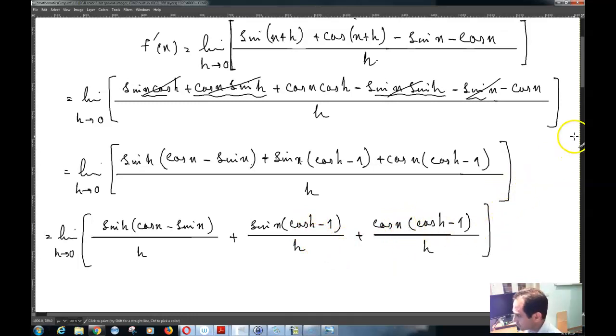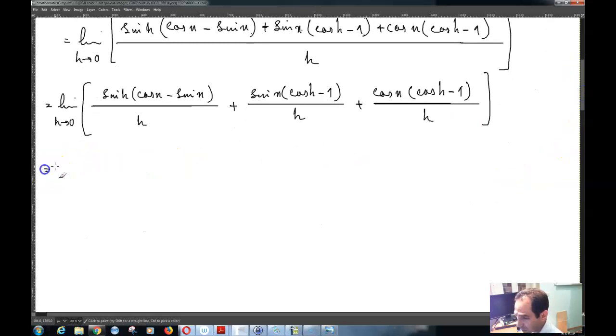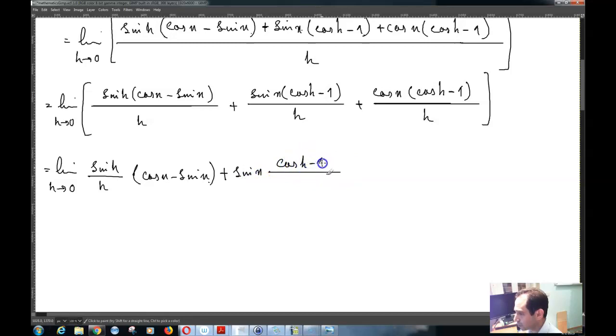and then I have written this as, so then you can write this as the limit of h tends to 0 of sin h over h times, for example, cos x minus sin x plus over here you can write this as sin x times cos h minus 1 over h plus cos x times cos h minus 1 over h.